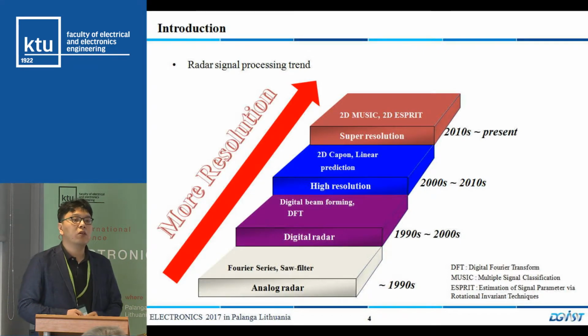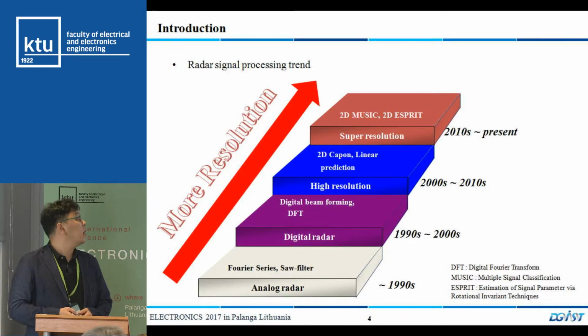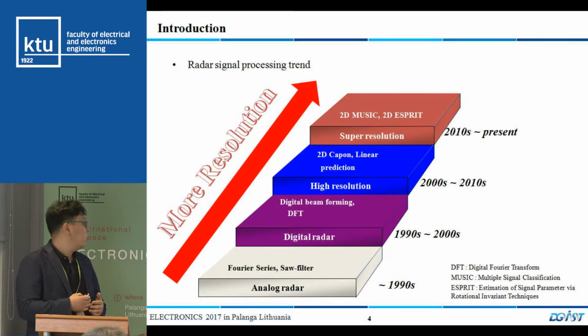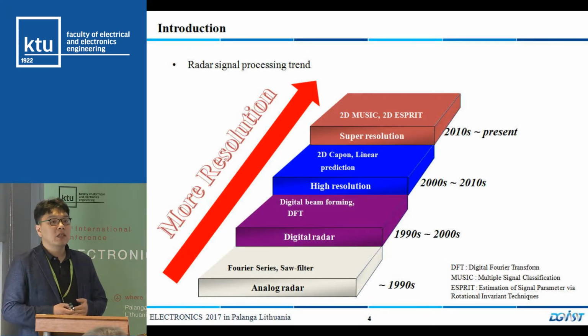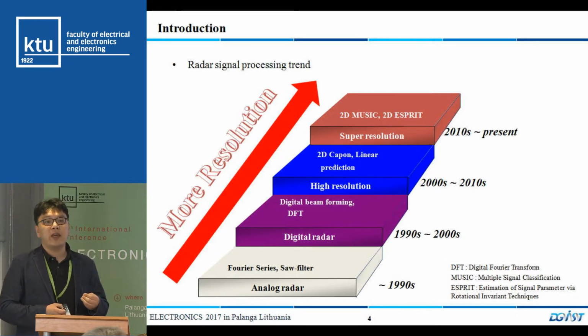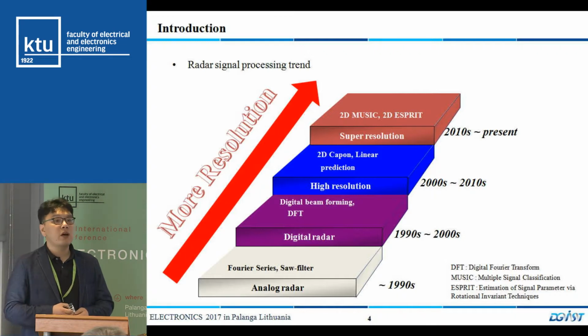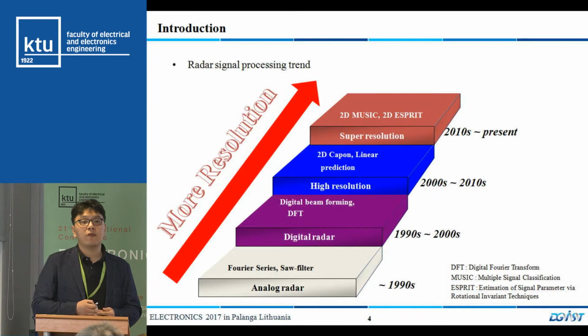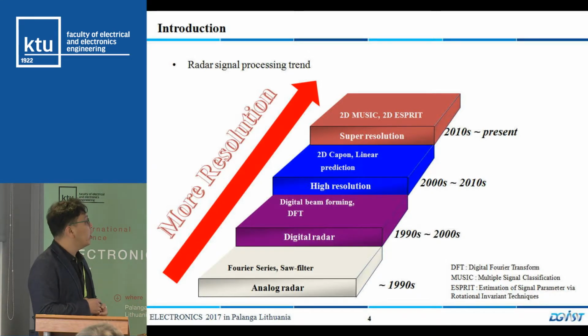Before understanding the automotive radar, we need to understand the radar signal processing trend. In the 1990s, analog radar was used with the SAW filter. In the 2000s, digital radar was used with the Fourier transform and digital beamforming. In the 2010s, Capon and linear prediction were used for high resolution radar.